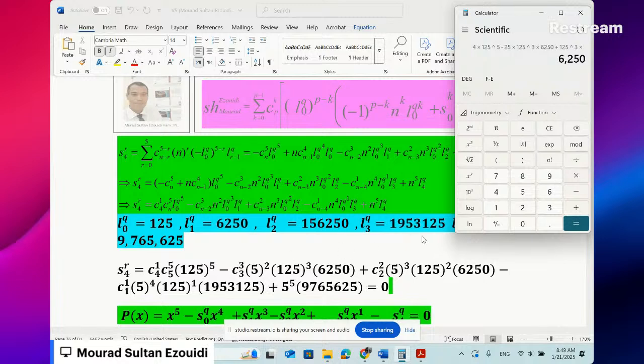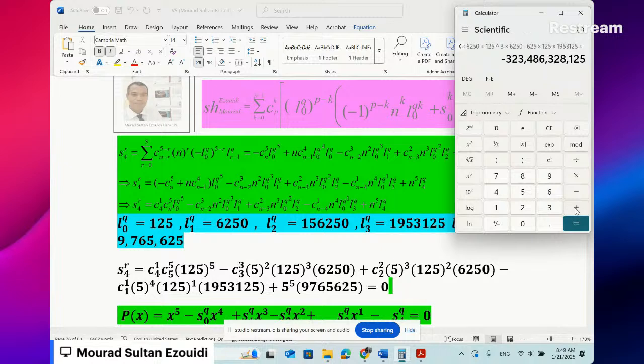Minus 625, because it is equal to 5 raised to the power 4, multiplied by 125, multiplied by 1,953,125.